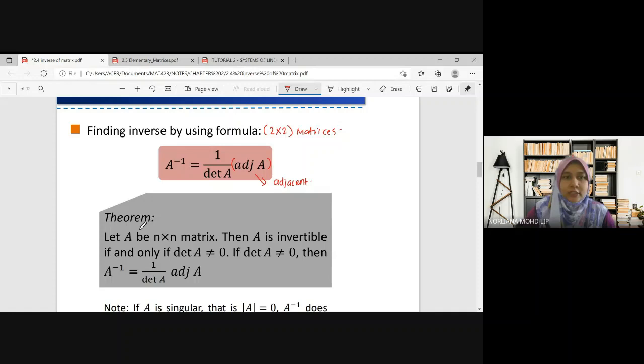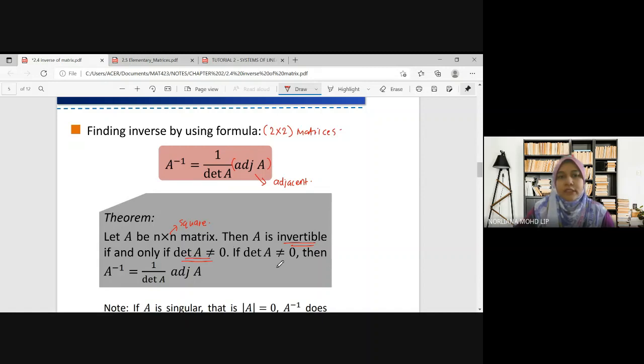Okay, theorem. Look at this theorem. Let A be matrix size n by n matrix. This is a square matrix. Okay, then A is invertible if and only if the determinant of A is not equal to 0. Tadi kita dah tengok kan the proof for determinant for invertible of A, the determinant is not equal to 0.